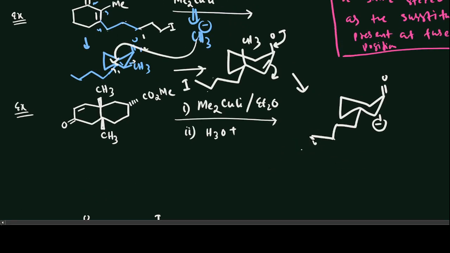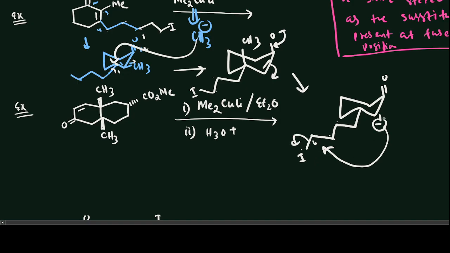Actually it is 5 bonds. Because it is a 5-member ring, 1 2 3 4. This will attack here. Iodine was there, so now it will attack this, and this is going to be released here.